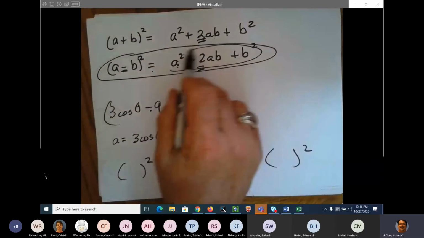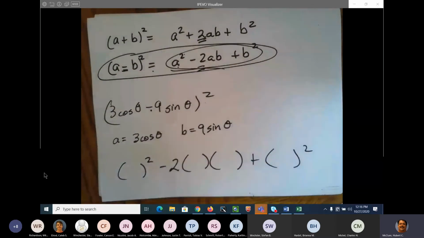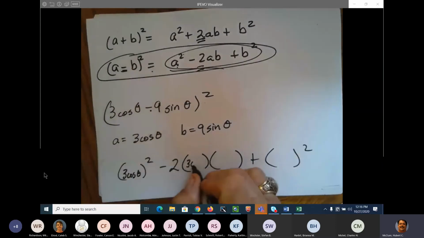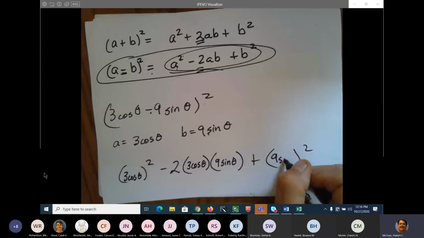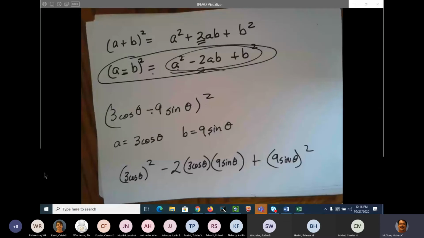That's this right here. 3 cosine theta, 3 cosine theta, 9 sine theta, 9 sine theta. 2 times 3 is 6. 6 times 9 is 54. Now you see it, Miss Harbert? Yes.